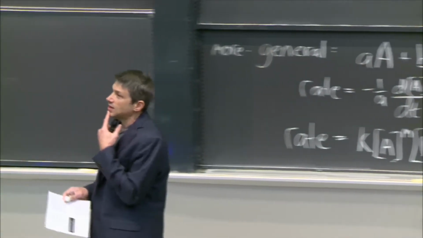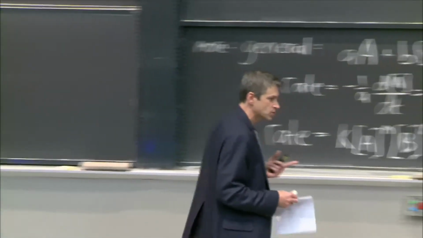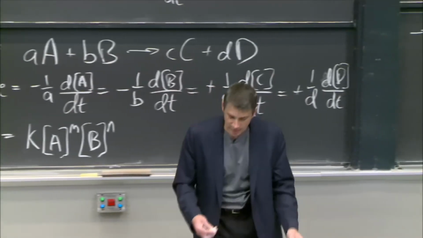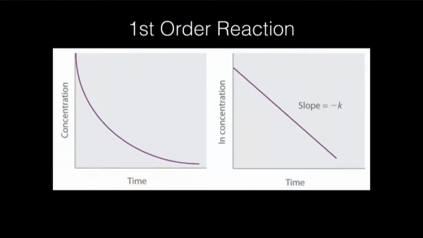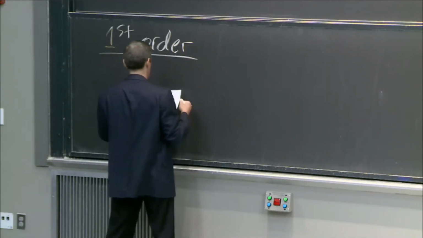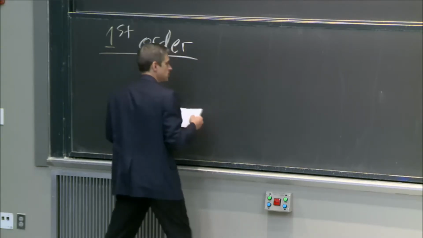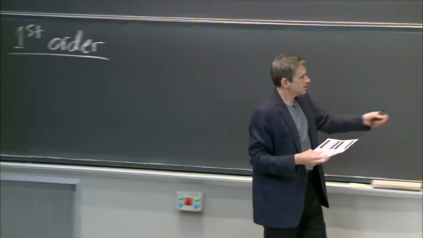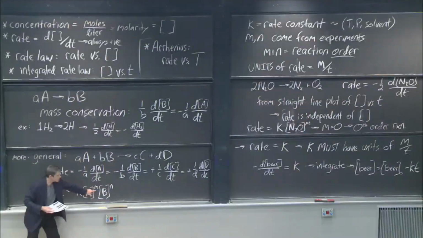Well, let's go to the next order. If I had first order, and I looked at the data for that, then you would see if I plot the concentration versus time, it would not be a straight line. Why? Well, because for a first order reaction, the exponent here is a 1.